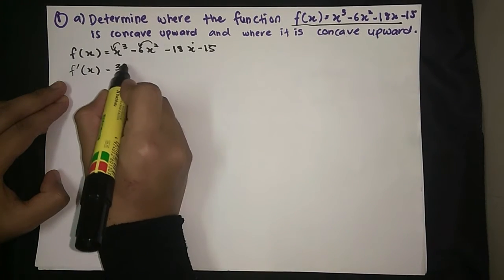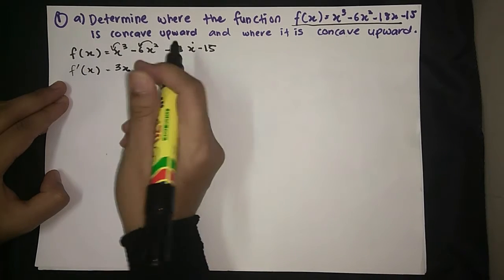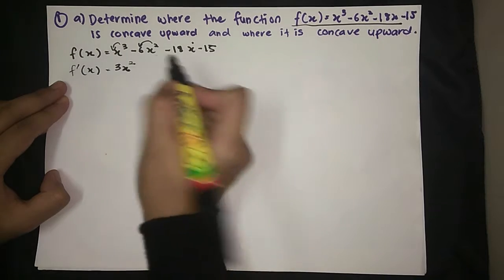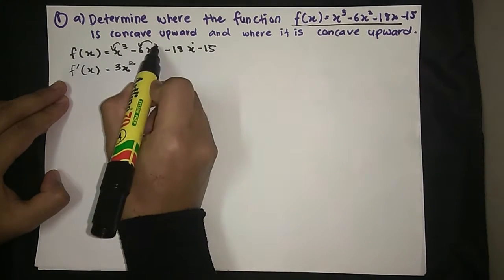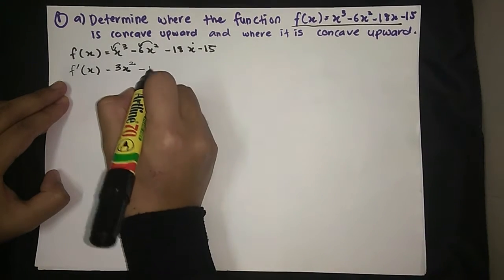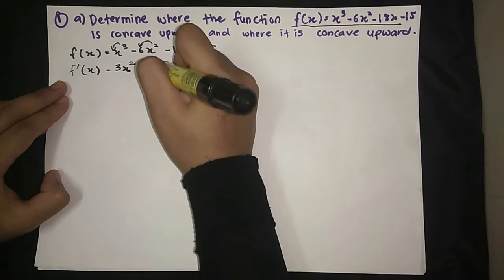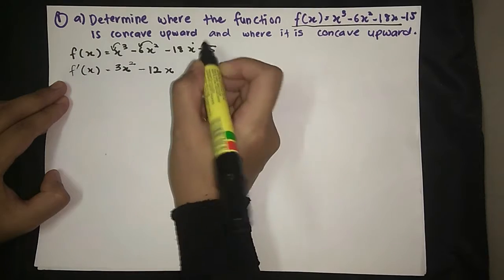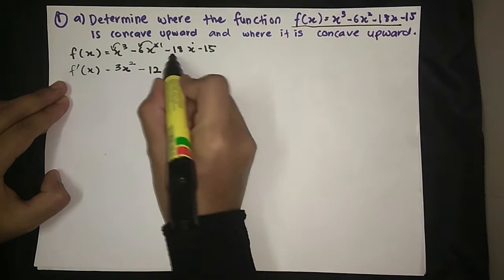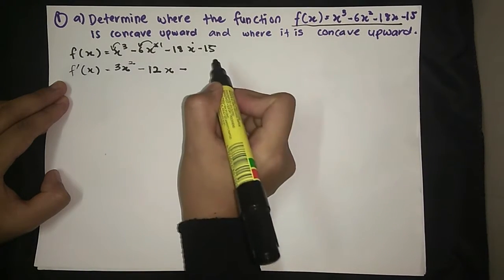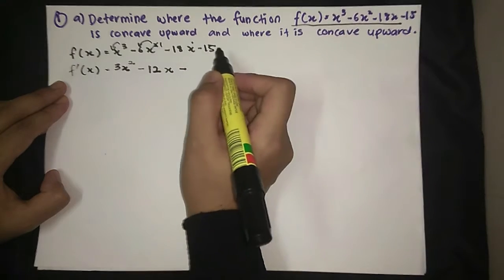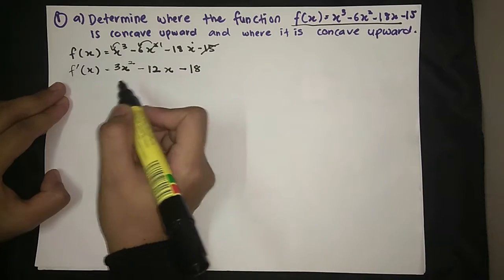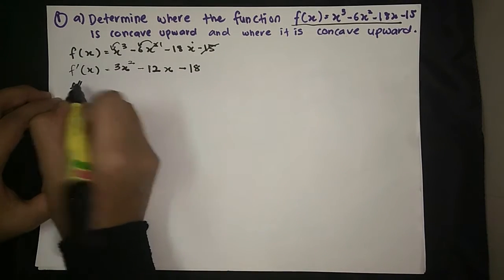So 3 times 1 becomes 3, so 3x squared, and the power of 3 differentiates to become squared, minus 12x. Then minus 18x becomes minus 18 because we differentiate with x, and the 15 disappears. So we got the first derivative.